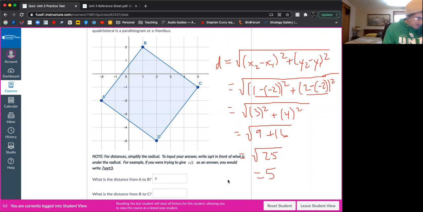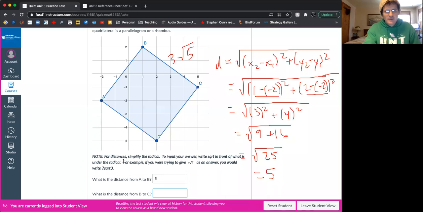So let's say that I find my answer is 3 square root of 4. No, 3 square root of 5. I'm just making something up. Again, this answer is just made up. So if my answer for the next one was 3 square root of 5, again, just a made up number, I can't type in that answer.